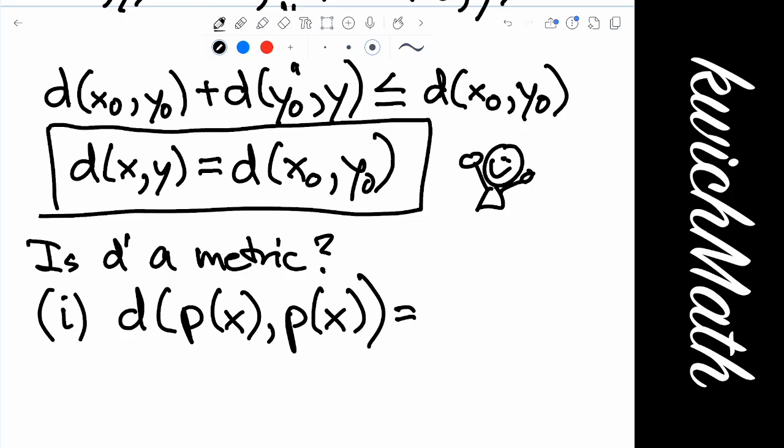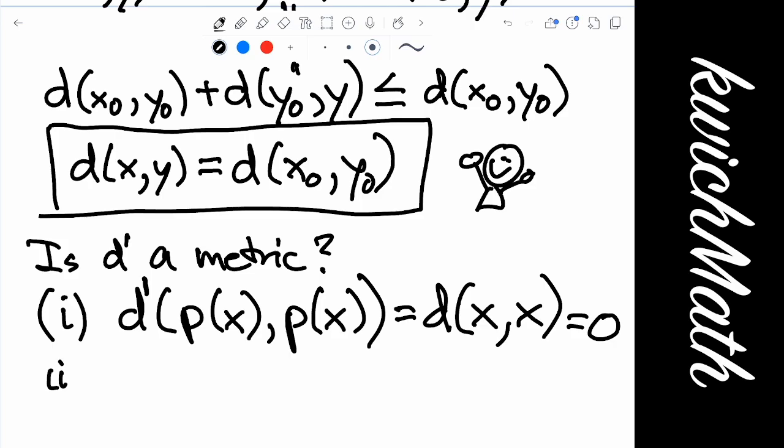Well, per definition, this is d prime. So by definition, this is the same as the distance from x to x, or rather the pseudo distance. And d is a pseudometric, so we know this is 0. So that's good.